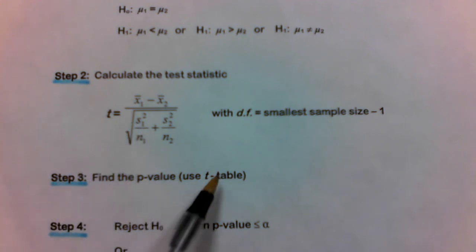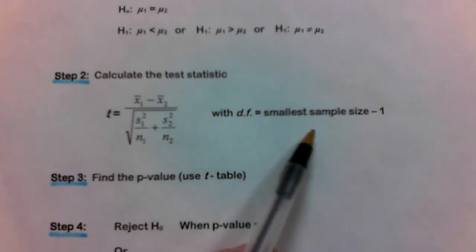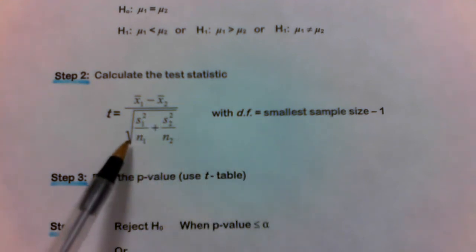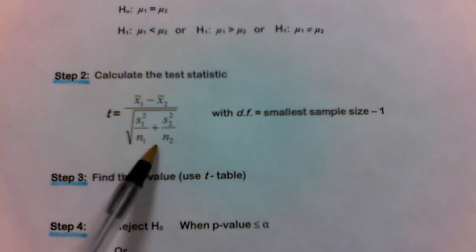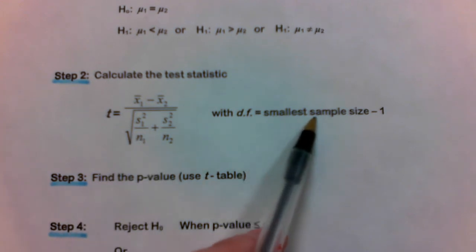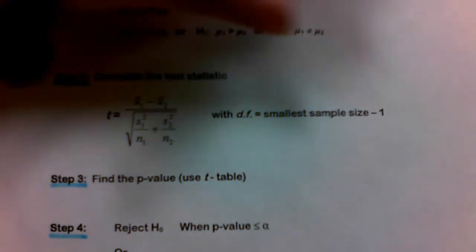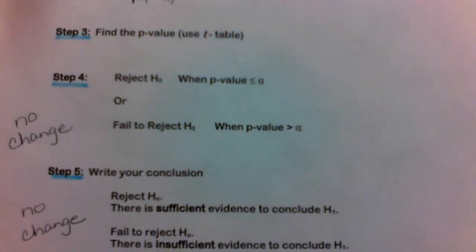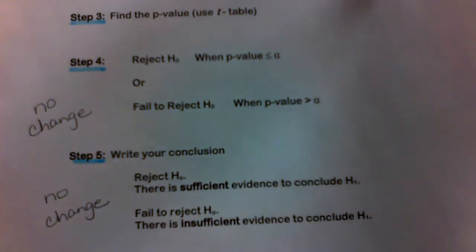And for the p-value, you're going to use the student's t-table. Remember, when we use the t-table, we have to find a df. The df is n minus 1, and we have 2 sample sizes. If your sample sizes happen to be different, then choose the smaller and take that minus 1. And then again, steps 4 and 5 have no changes, exactly the same as we've done all through chapter 8.